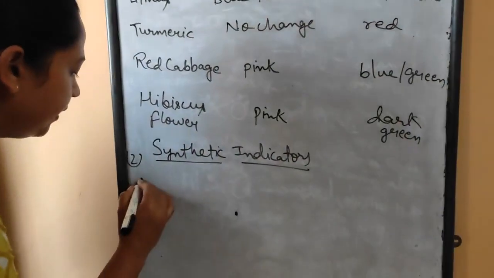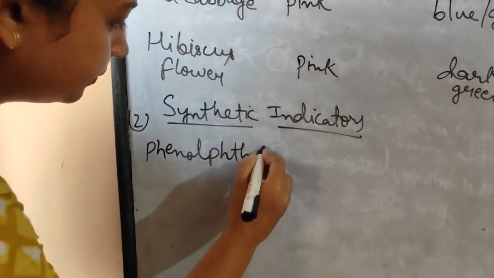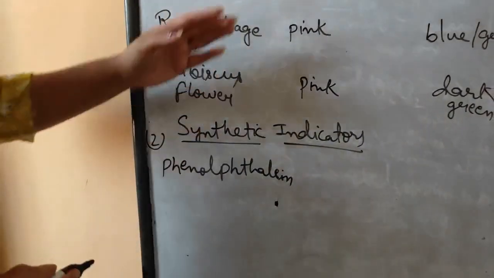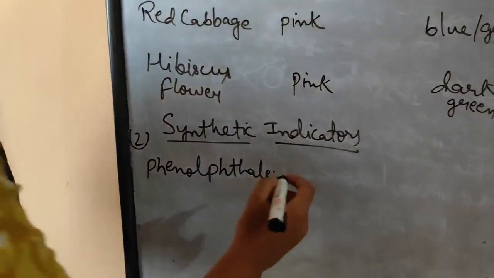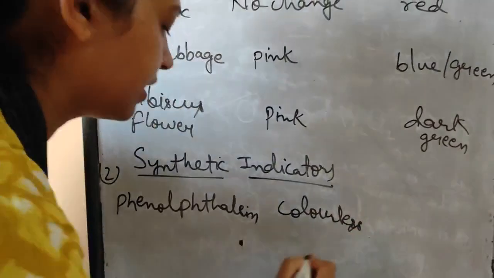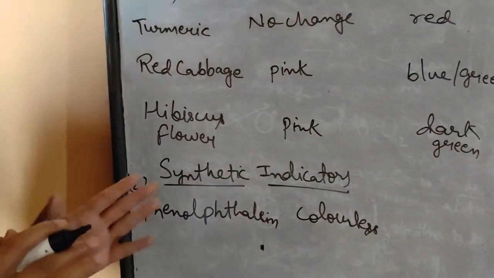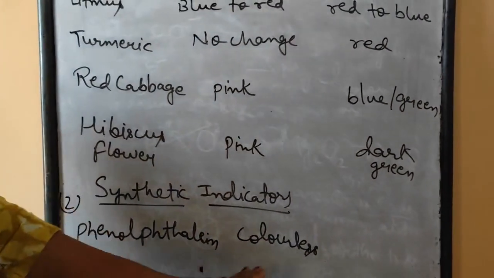As an example, if we take phenolphthalein, what changes do we observe in the acids? There will be no change. It will remain colorless. The color of phenolphthalein is colorless. So in acids it remains the same, colorless.